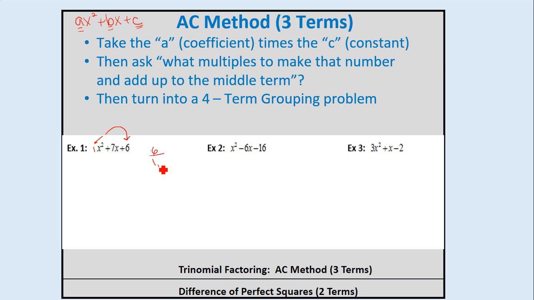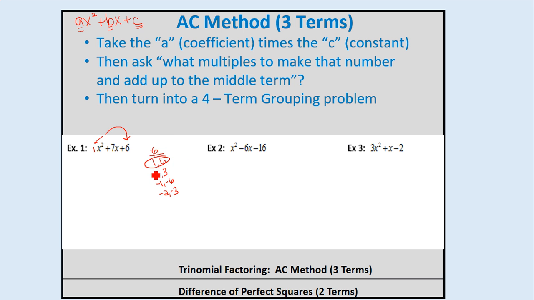So these are the things that multiply to make 6: 1 times 6, 2 times 3, negative 1 times negative 6. Remember, two negatives multiply to make a positive. And negative 2 times negative 3. But I'm looking for the pair that will add to make 7x in the middle. That's these guys, 1 and 6.